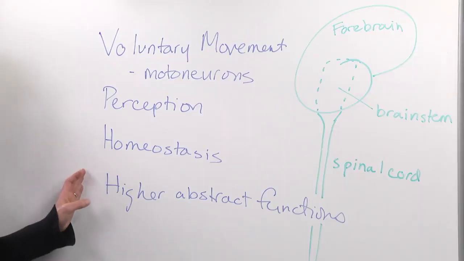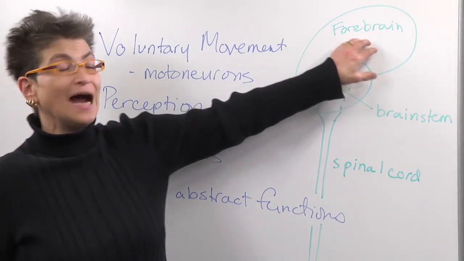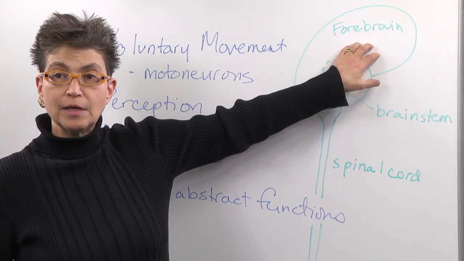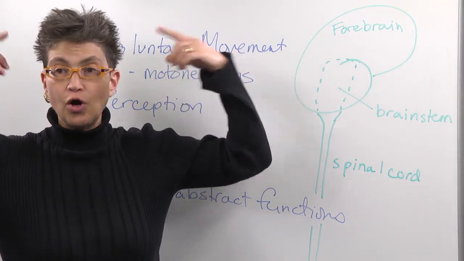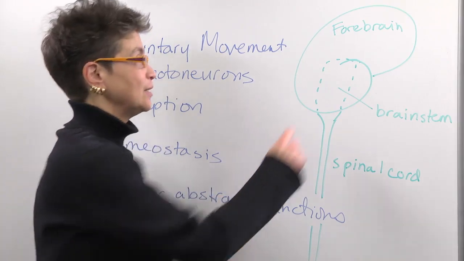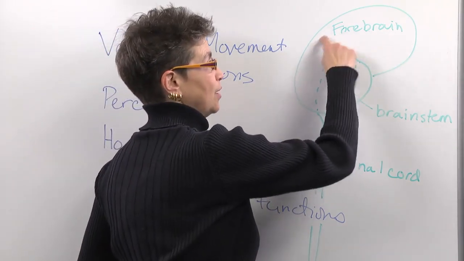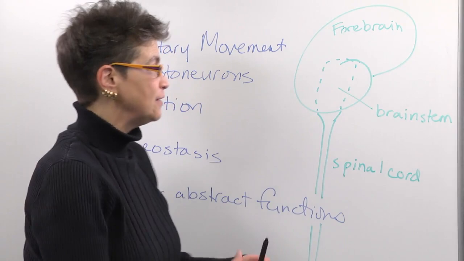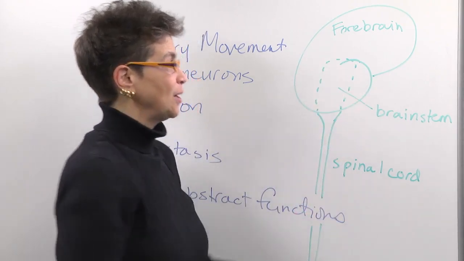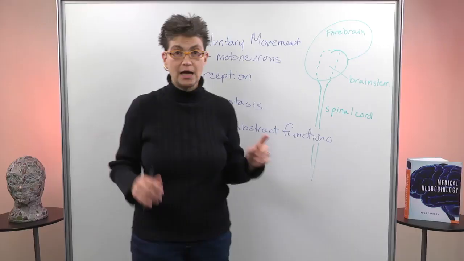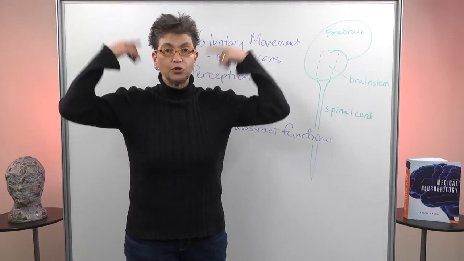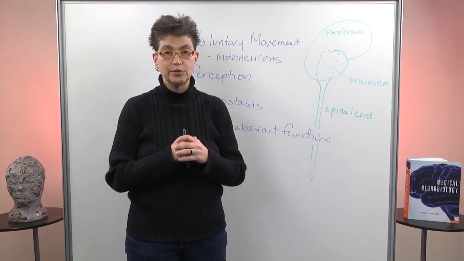And finally, higher abstract functions depend entirely on the forebrain. They all take place there. It's like cogwheels just running around in the forebrain. So even if you didn't have the brainstem and the spinal cord, if you could keep this forebrain alive, the thoughts and emotions could turn their wheels.